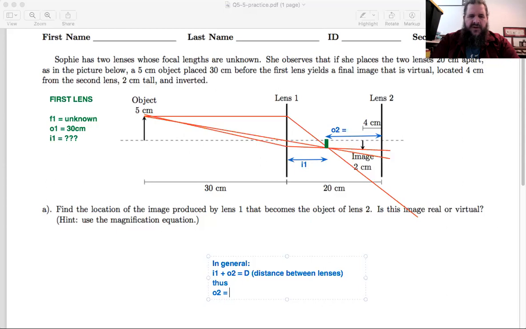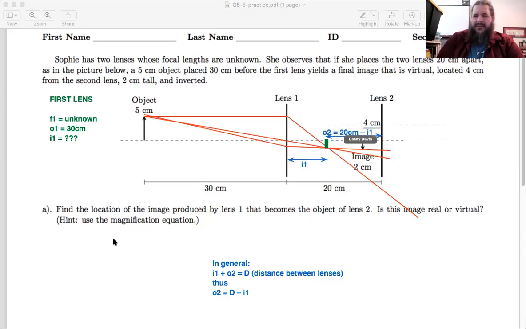So O2 is going to be distance between lenses minus image distance 1. And again, because of the way the positives and negatives are set up, this will work even if I1 is negative. So in this case, 20 centimeters minus I1.